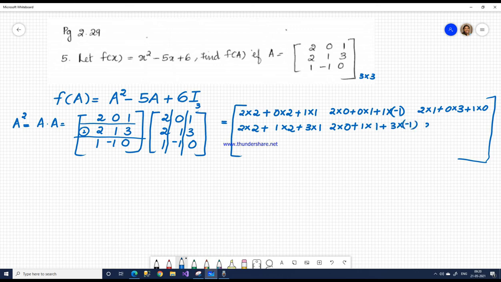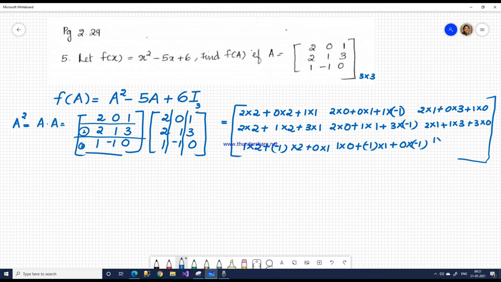So next is 2 into 1 plus 1 into 3 plus 3 into 0. And the third row will be considering this one, that is 1 into 2 plus minus 1 into 2 plus 0 into 1. Then 1 into 0 plus minus 1 into 1 plus 0 into minus 1.